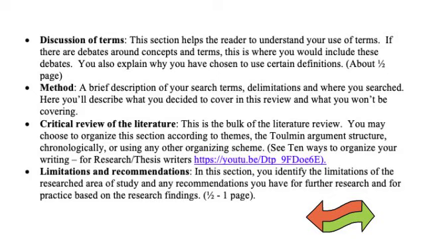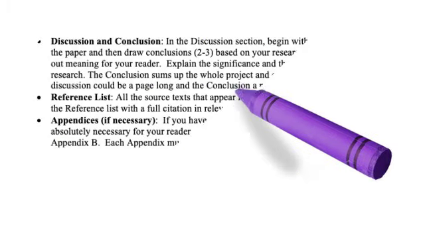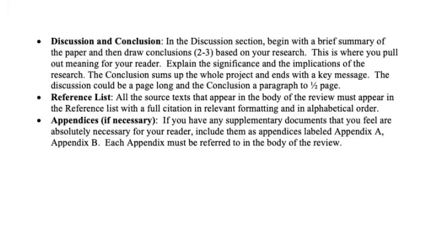You might also have a section on limitations and recommendations, and I would certainly suggest this, and this is where you identify the limitations to the study. You would have a discussion and conclusion section. You might begin with a brief summary of the paper, then draw some conclusions. I would say draw 3 conclusions. What can you say now that you've done this study?